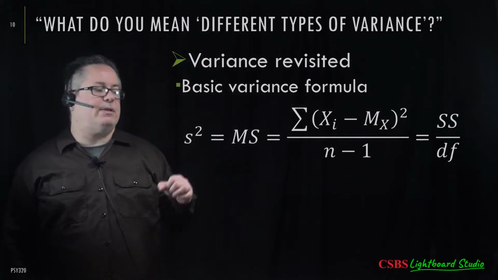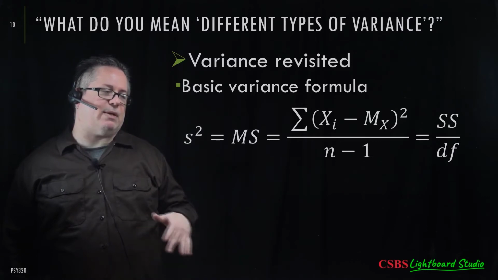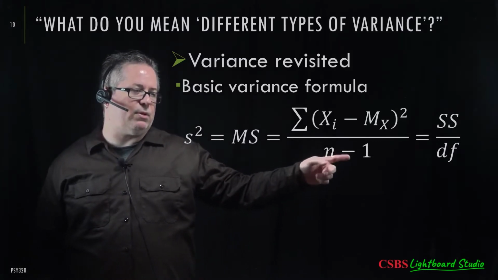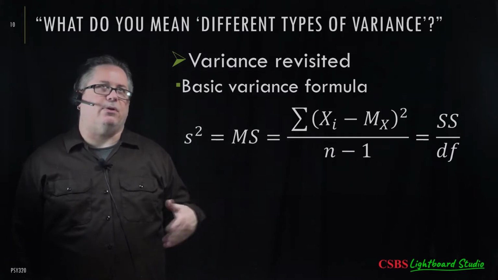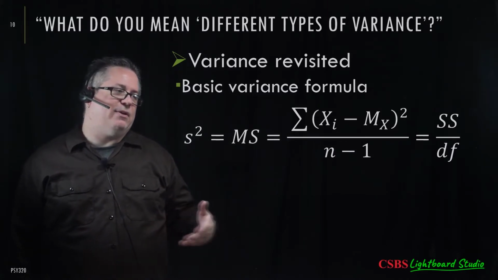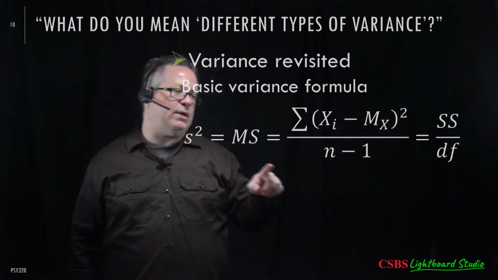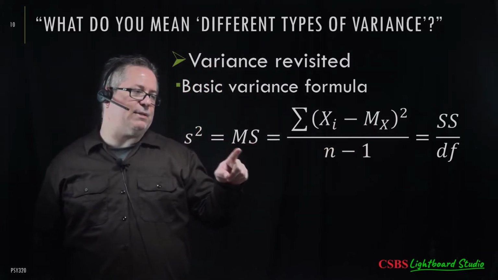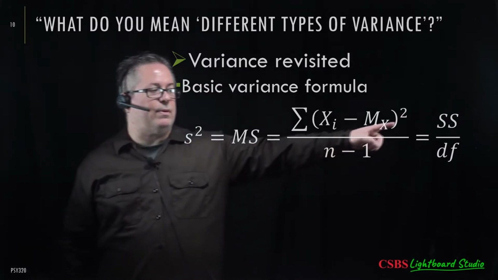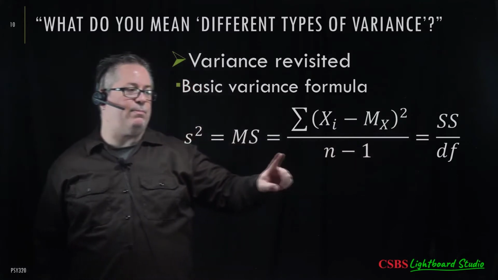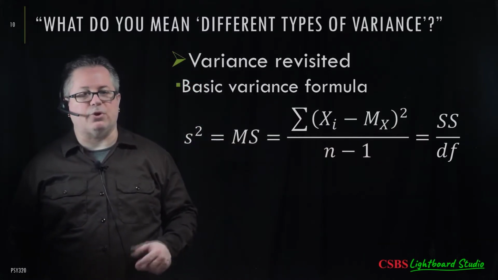So if we take the sum of all those squared differences and we divide it by something like n, it's actually n minus 1, but close to n, we're basically getting an average. All right, another word for average is mean. So at the top is the sum of squares. If we divide by degrees of freedom, we're getting an average sum of square, or a mean sum of square, or a mean square. So sum of square up on top, if we divide by degrees of freedom, we get a mean square, and a mean square is just another word, another term for variance.